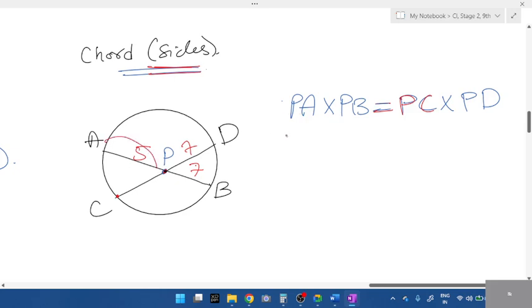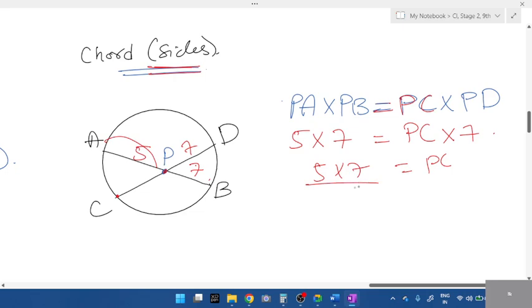PA is 5, multiplied by PB, 7. PC we need to find, into PD, 7. So 5 into 7, keep it as it is. If you want to find PC, 7 is multiplied. If it goes to the other side, division. What is PC? 5. Make a note of this formula.